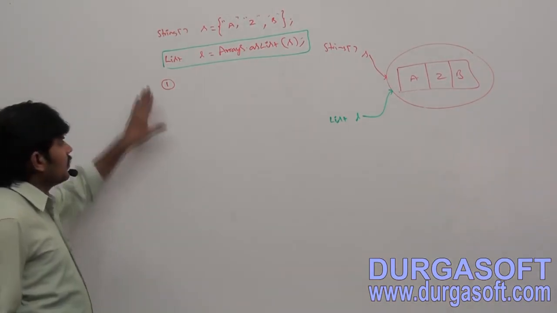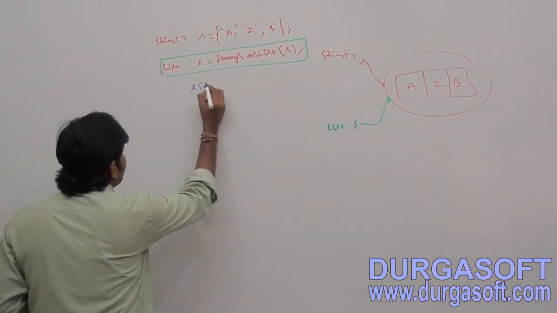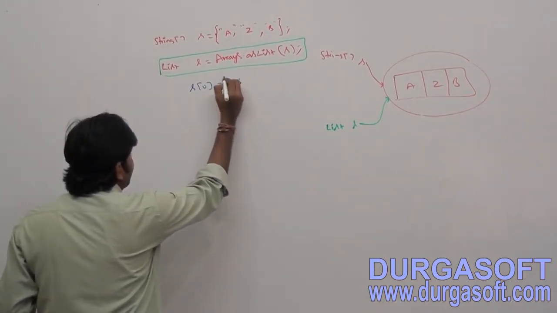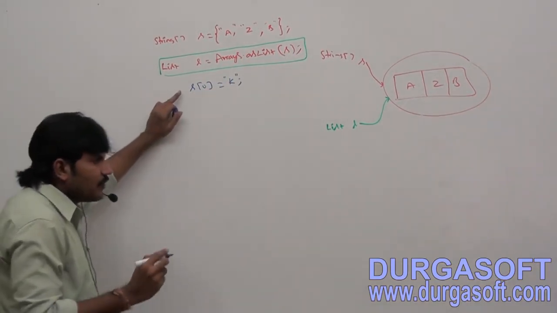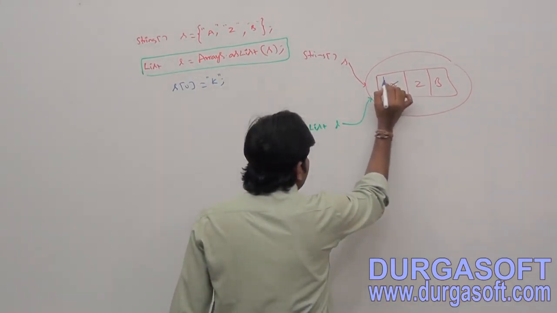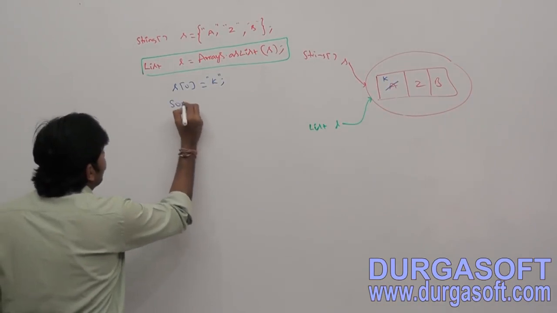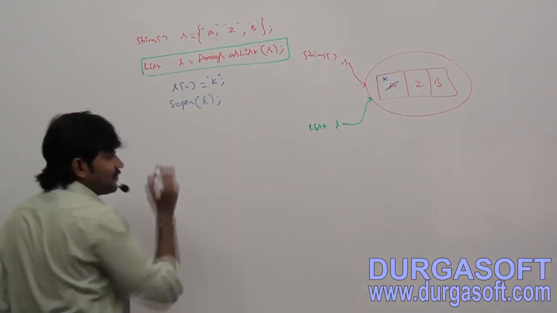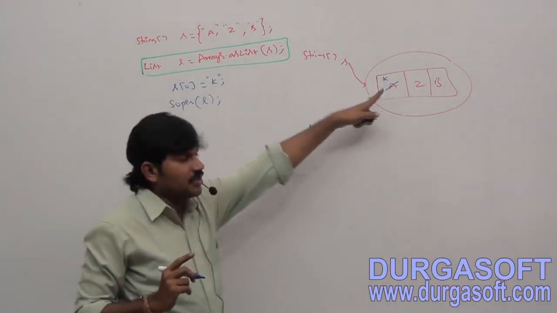Sir, observe this one. I am taking s of 0 is equal to k. What will happen? This a will be replaced with k. System.out.println of L, I am printing L. By using the array, I did some change.